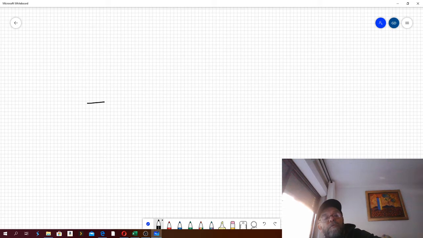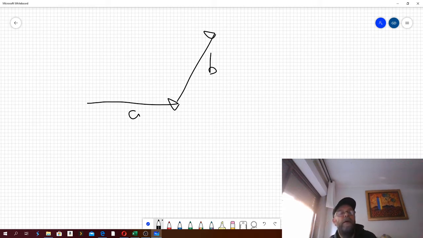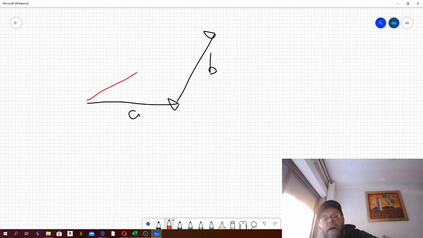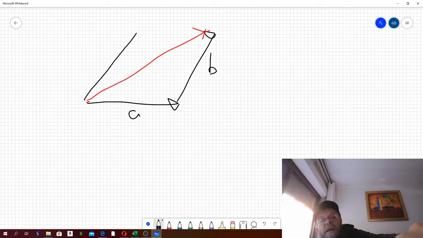So let's firstly draw a vector A, and then we'll draw a vector B. Now A plus B would be the vector that goes here, from that start to that finish. But notice that I could also draw a vector B here, and a vector A there.